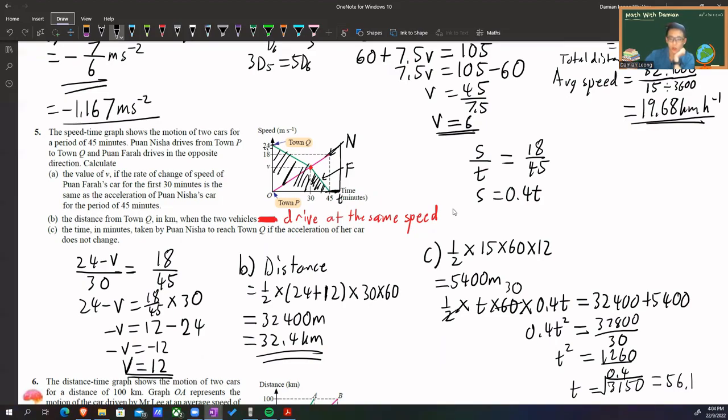It should not represent the distance traveled, but I'm assuming that when it reaches here, it should have reached town P, considering that it has stopped. So that kind of makes a bit of sense, but this is a very badly set question.